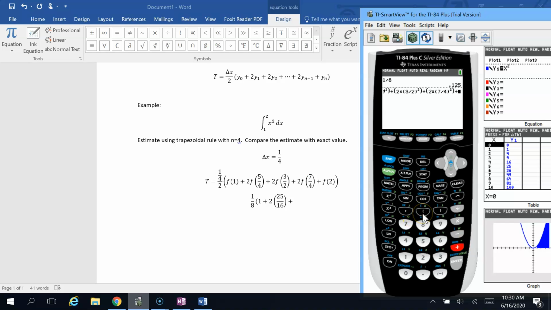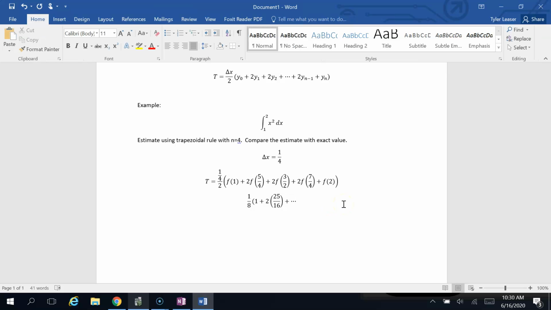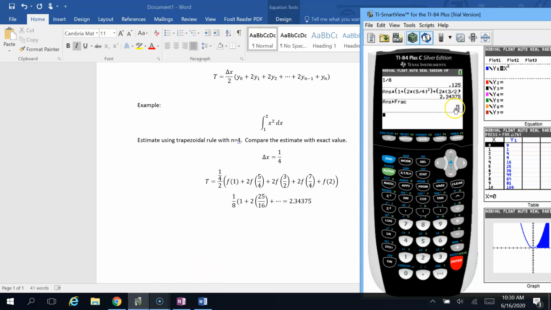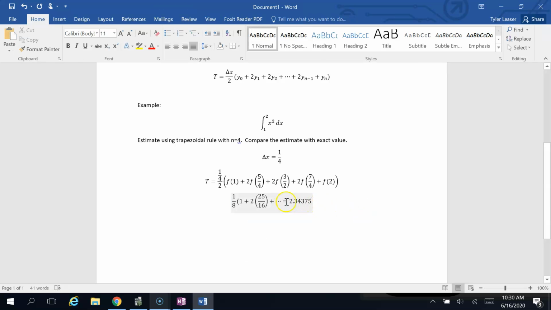Plus the last one, which is not going to have the 2 out in front, it's just going to be 2 squared. Great, so I get that. I'll change that into a fraction to make it a little nicer. 75/32. Okay, all right, forget the fraction. We're going to leave it as a decimal. 2.34375. We'll just do dot, dot, dot here because I don't feel like writing all that out. So that's it. This represents the approximate area under the curve.